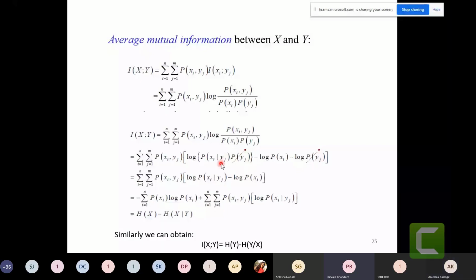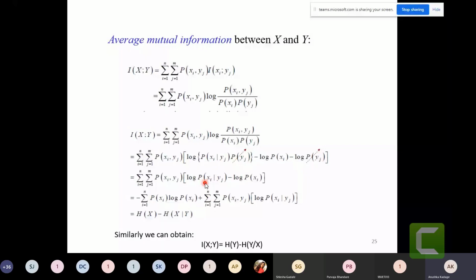Please see, for this particular joint probability, we have written the conditional probability in this way. And if you put this as P of yj divided by xi, here you have to multiply that with P of xi.